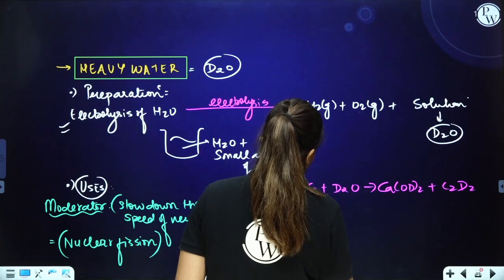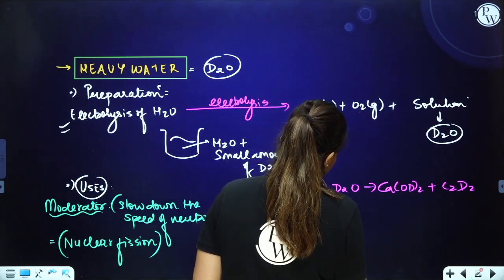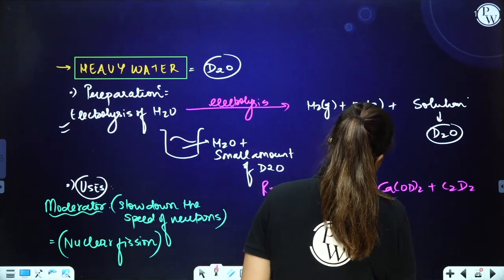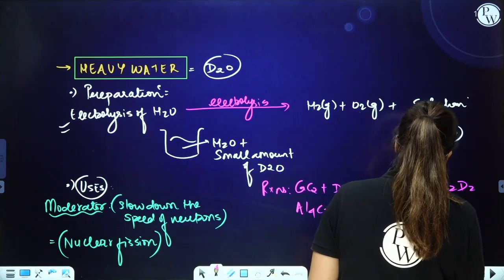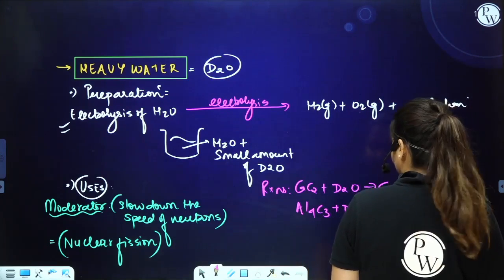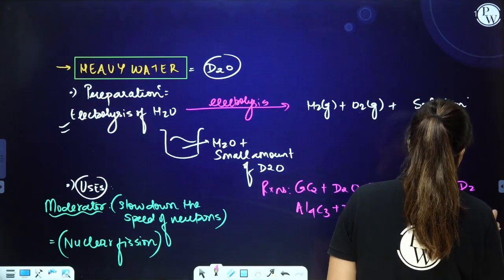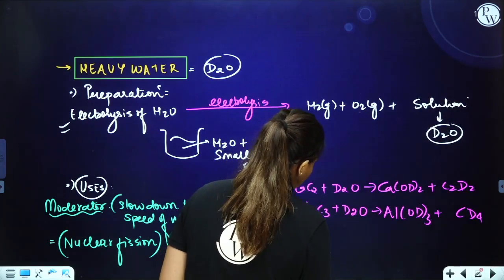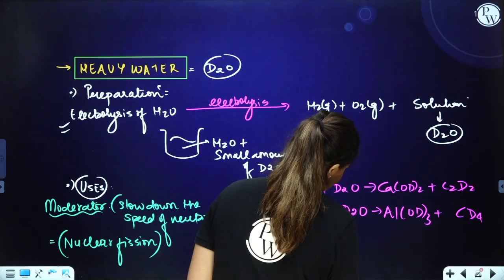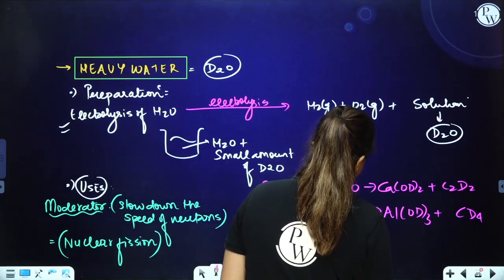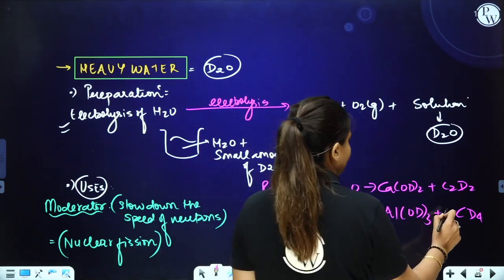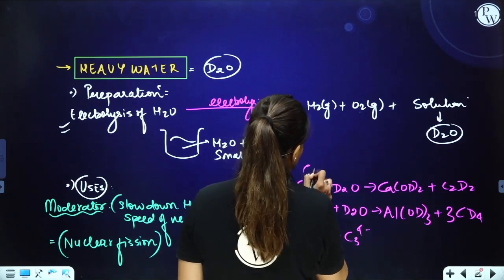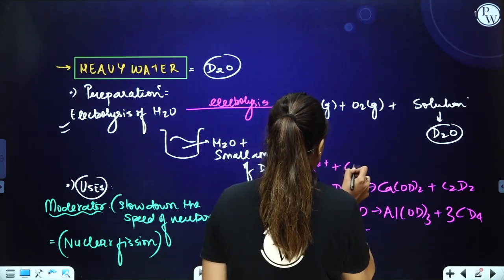You can even do it for aluminium carbide, which reacts with the D2O to give you Al(OD)3 plus CD4. I should tell you how the aluminium carbide breaks: 4Al3+ plus C4 4 negative, and it gives you CD4, and CaC2 breaks as Ca2+ plus C2 2 negative.